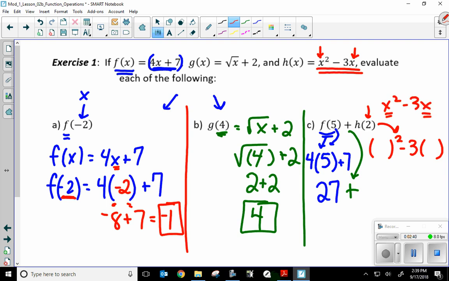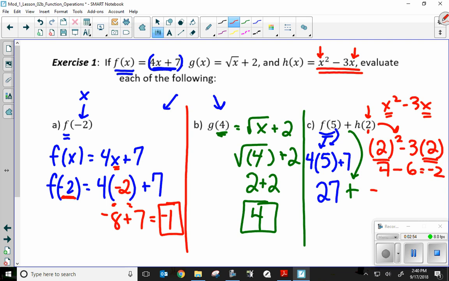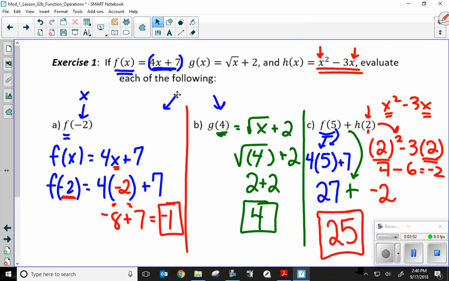I'm putting parentheses in for my x value. That tells me where exactly I'm going to put my number 2. 2 squared is 4, minus 3 times 2 is 6. That's negative 2. 27 plus a negative 2. There you go, 25.